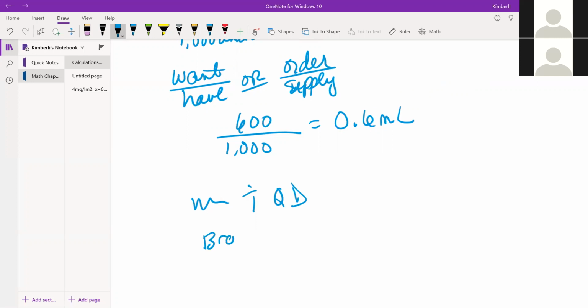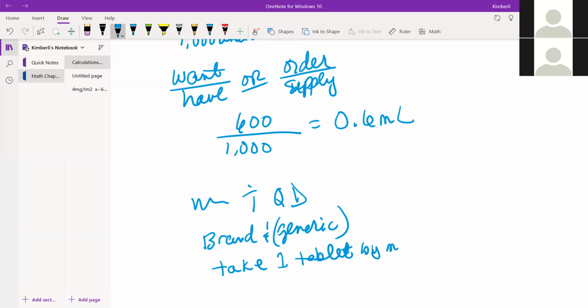Yes, and then the generic name. So you can put the generic in parentheses. And then I want you to put like you would put on the label for the patient, take 1 tablet, and then what's the route for tablets?